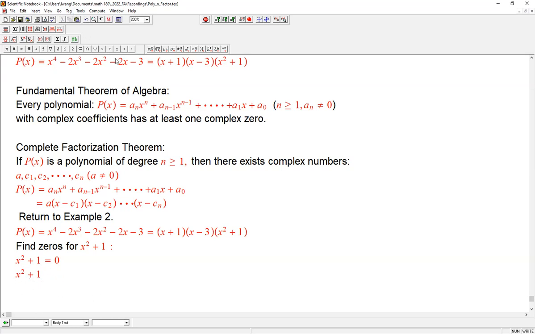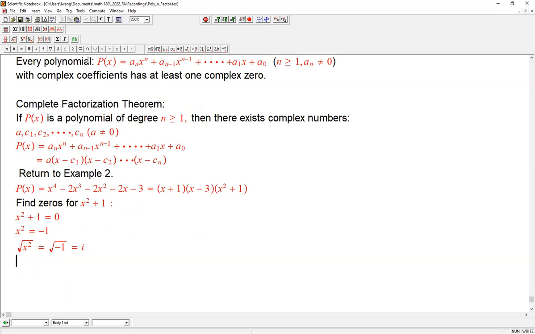What I'm trying to do... I think I'm just a little bit tired. So I'm going to take the square root on both sides. On the right-hand side, it is i.